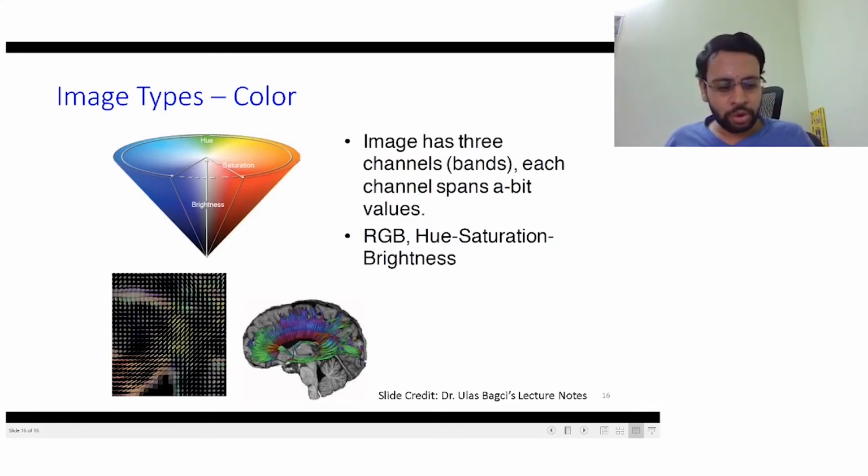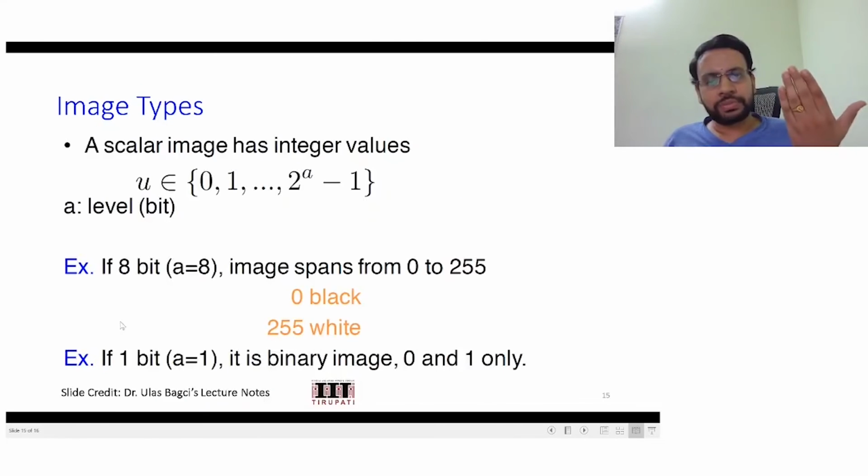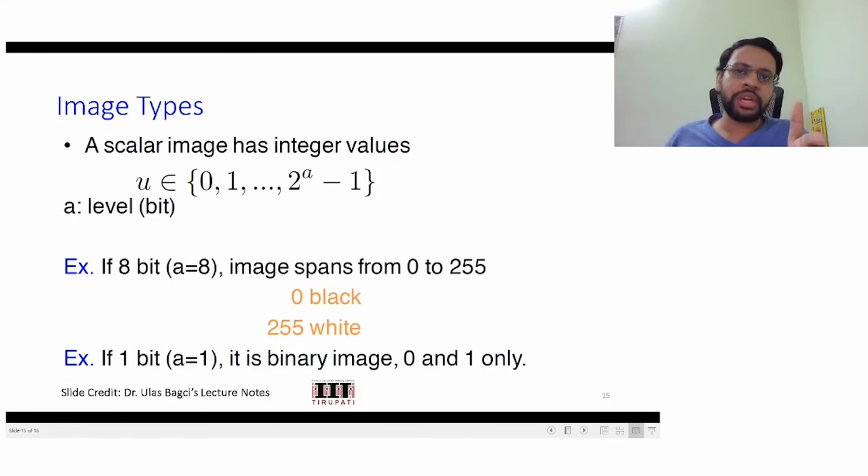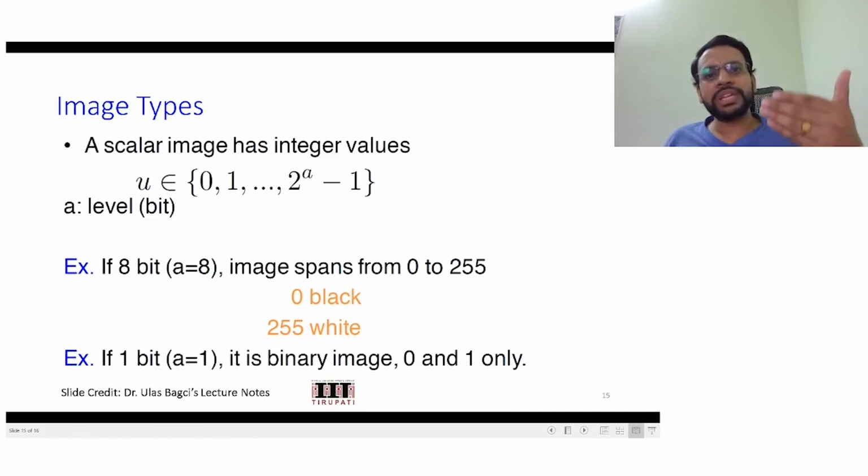Let me make a few more points here. In computer vision, where most of the images are 2D, it is very common to use 8 bits for representing the images. On the other hand, in medical images you would usually use more than 8 bits.